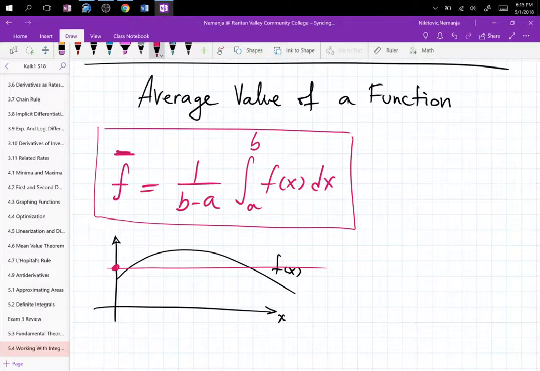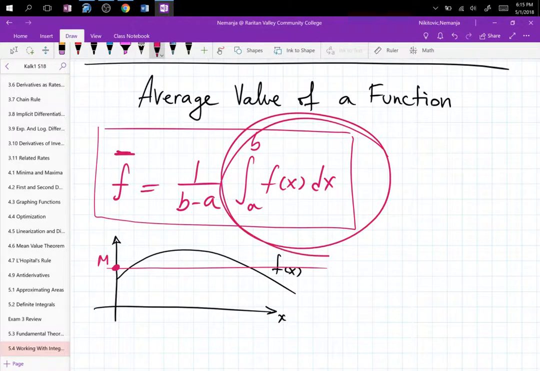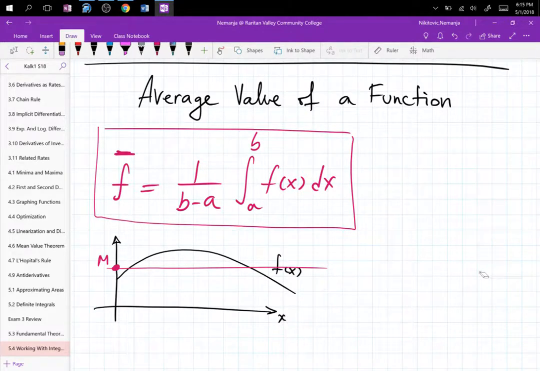I'll call this value m or whatever. You know that this is a definite integral here, so it's going to give you this m that I have on the bottom. You know that the definite integral is going to return a number. B minus a is a number. 1 divided by that number is a number, so the whole thing is a number.